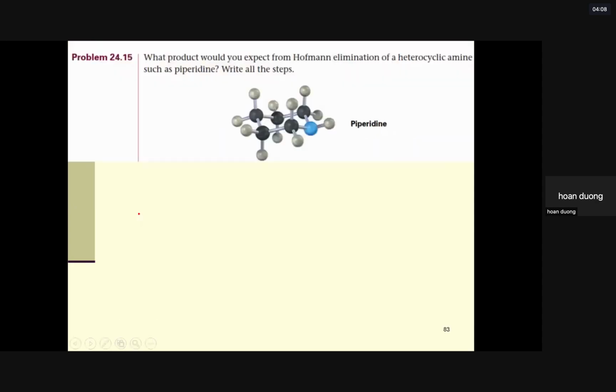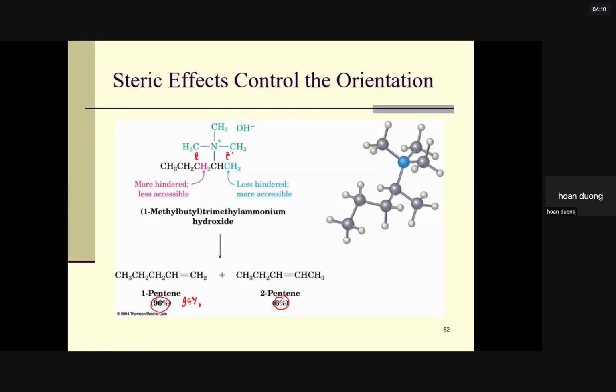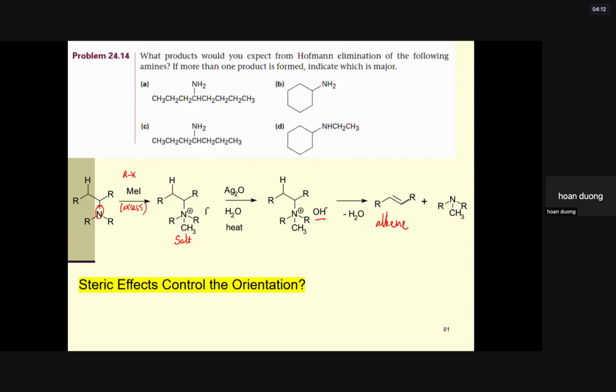So now the question here is, they ask you, what product would you expect from Hofmann elimination of the following amine? If you have more than one product formed, indicate which is the major. Yeah, that makes sense, right?